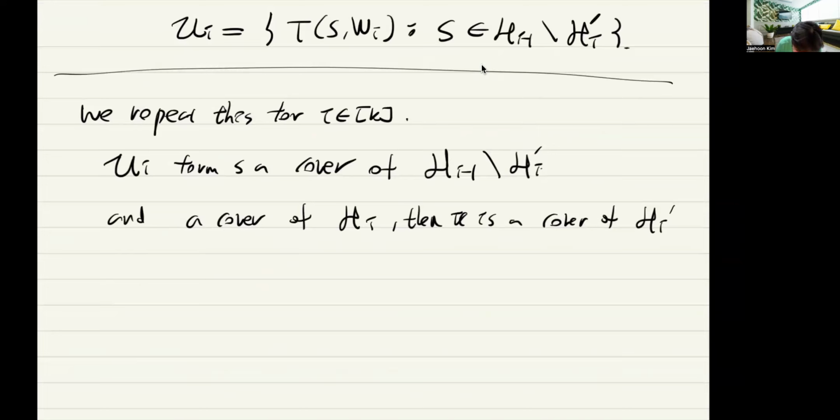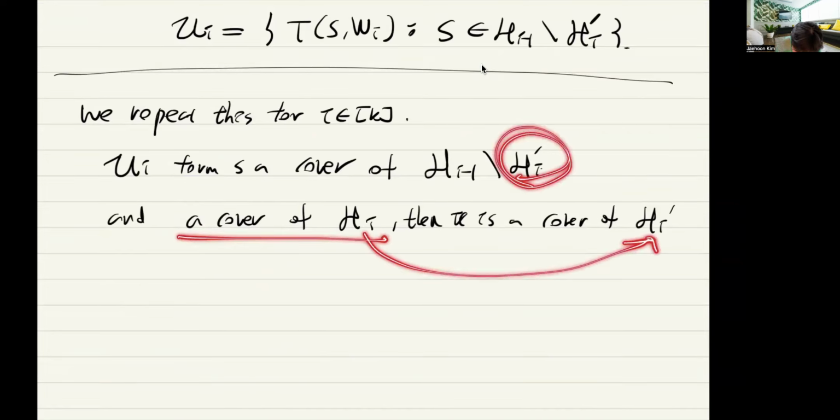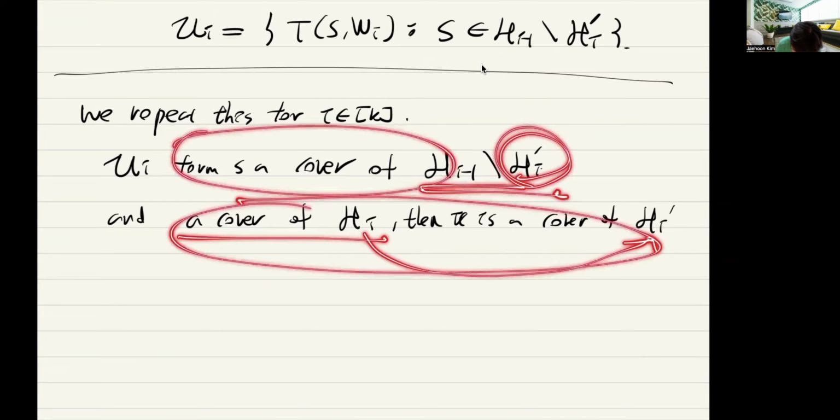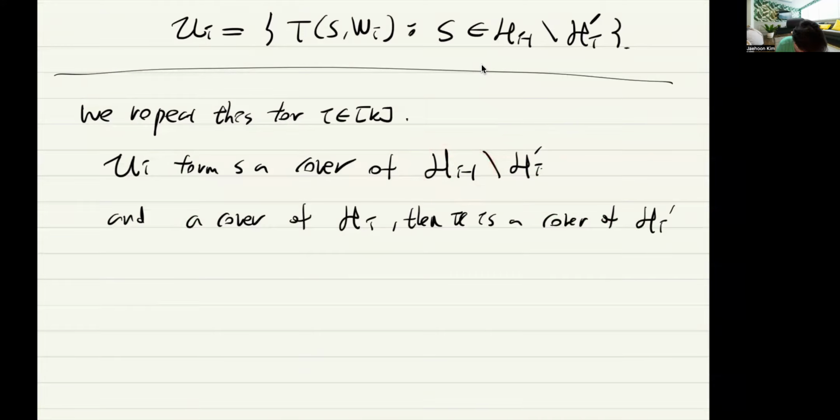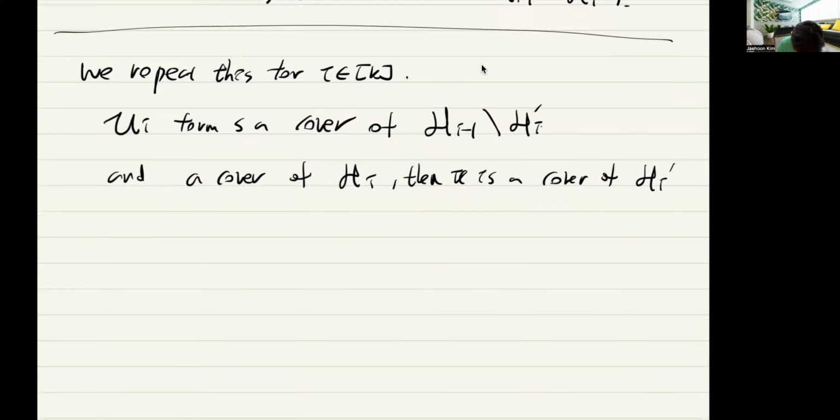So that means if you find the cover of H_i, then that's a cover of H'_i, which was not covered before. Then if you take this cover and then this cover, that covers everything here. So you just collect them, then that's going to cover all the previous ones.